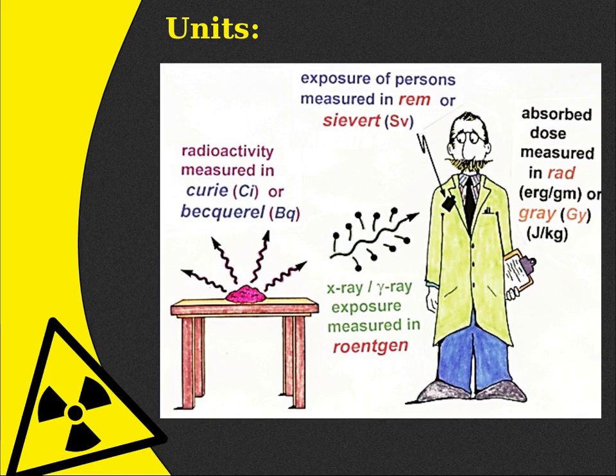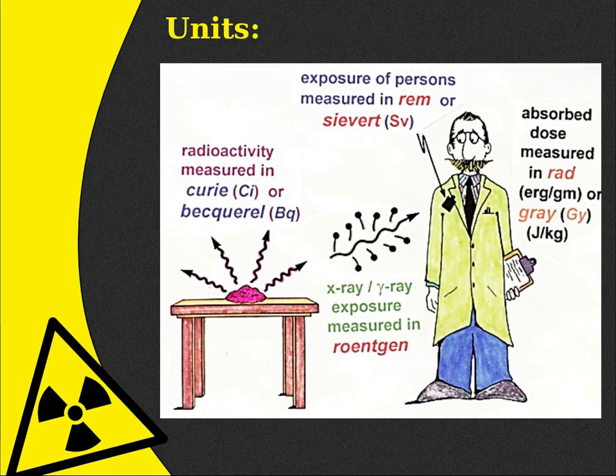Okay, the other important thing we need to discuss here is the units we are using to determine radiation. If the radiation comes from a radioactive source, it will be measured in Curie or Becquerel. If it's moving through air, even if it's not from a radioactive source, maybe an X-ray tube or something, then it will be measured in Roentgen.